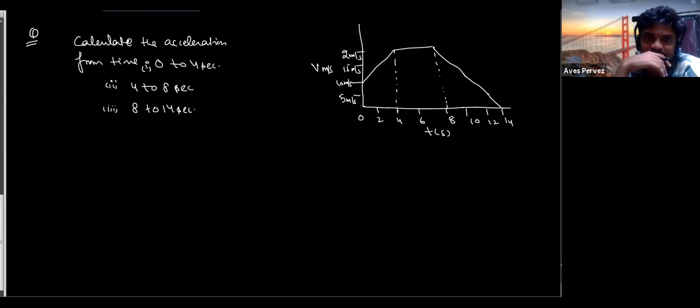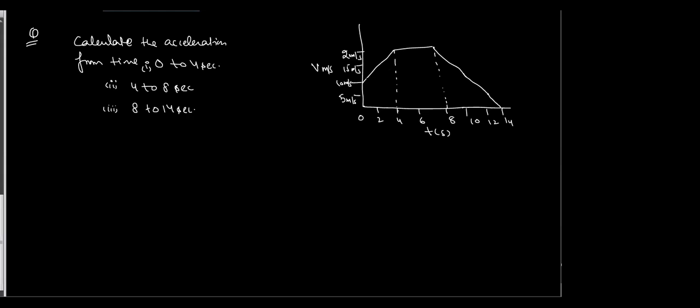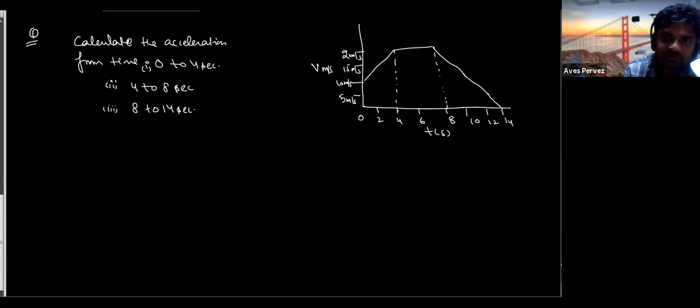Yes, it is correct, 2.5 meter per second square. You know that this car started with an initial velocity of 10 meter per second, and then it reaches this point. So you can write a equals v minus u by t.